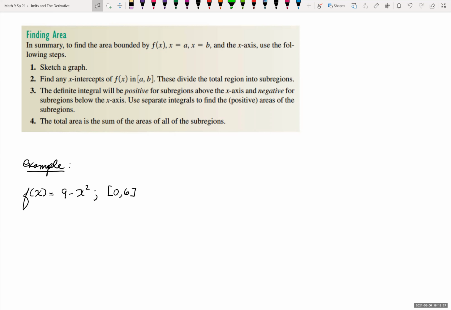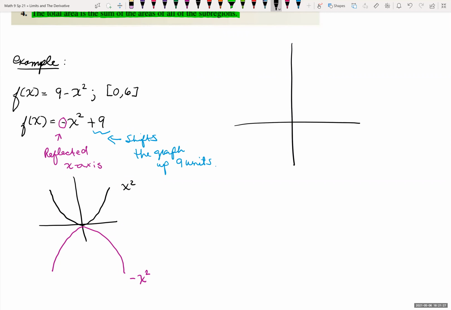So something that was normally like this, just x squared, negative x squared is reflected across the x-axis. And then this plus 9 shifts the graph up 9 units. So I have this graph here, up 9 units, and it looks something like this.